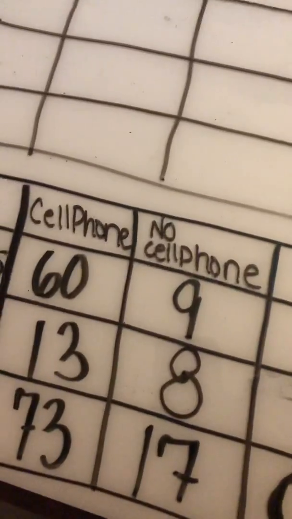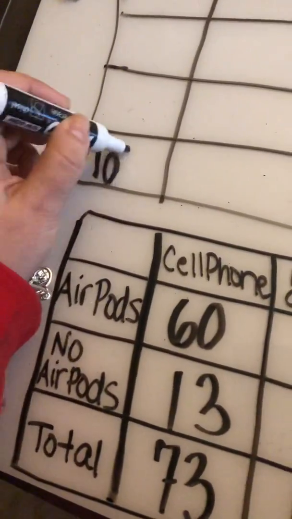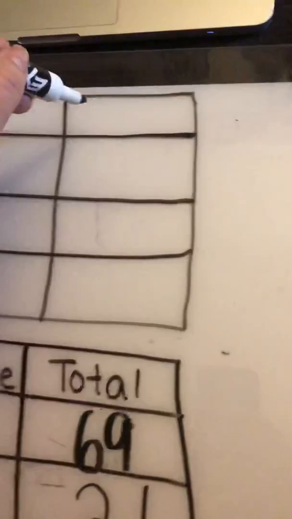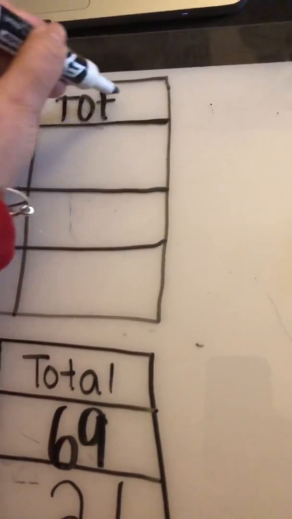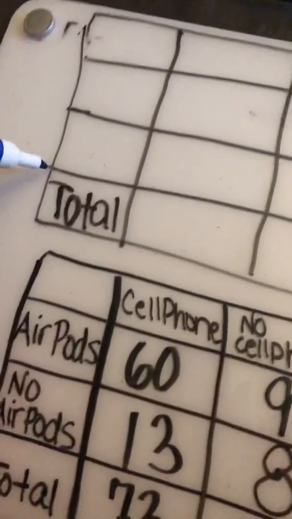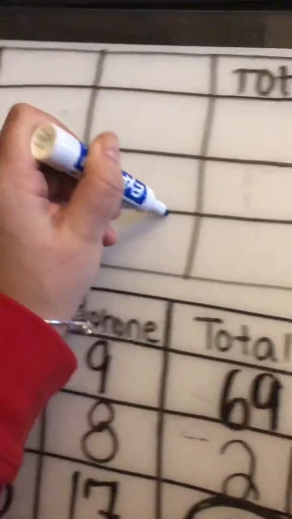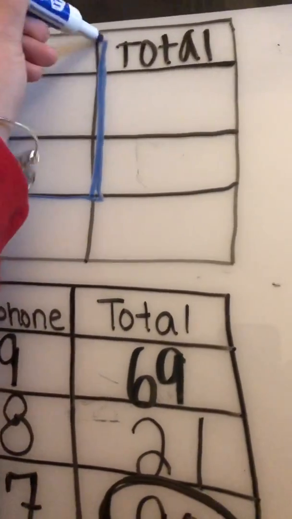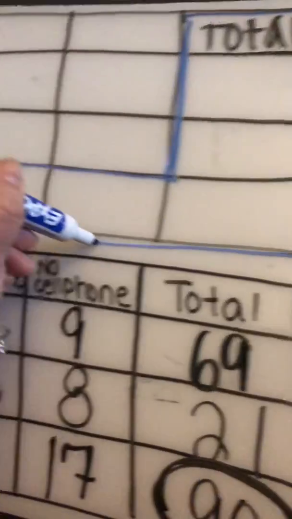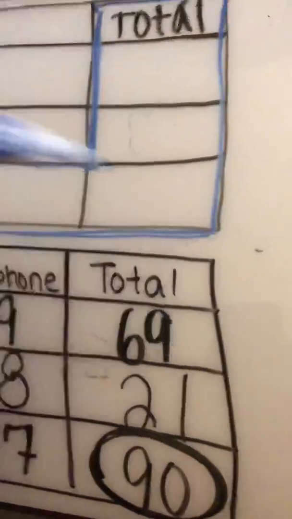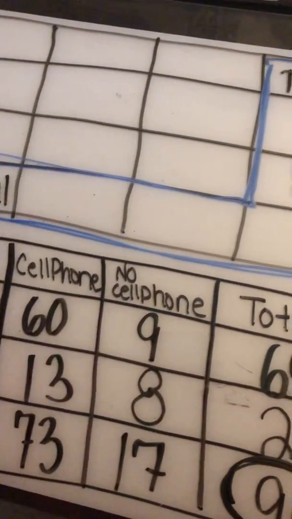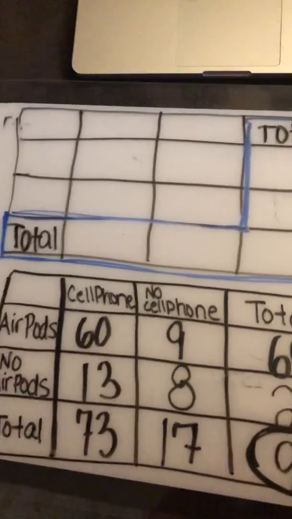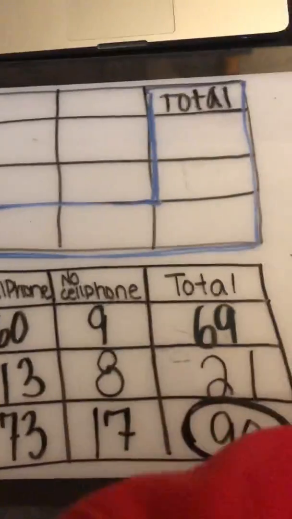All right, so remember this will always be your total as well as this one, right? The outside always represents your total. So I'm going to highlight that in another color. The outside of your frequency table, the outside of your two-way table will always be talking about your totals.